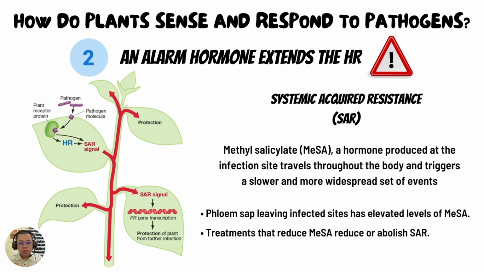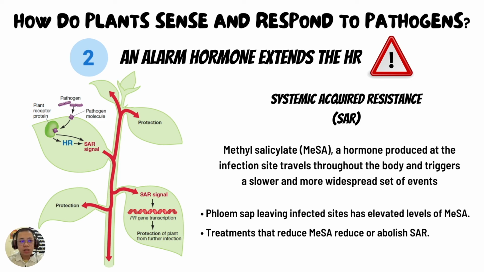And this systemic acquired resistance, the hormone that extends the HR, is called methyl salicylate, or MeSA. It is the hormone produced at the infection site that travels throughout the body and triggers a slower and more widespread set of events.